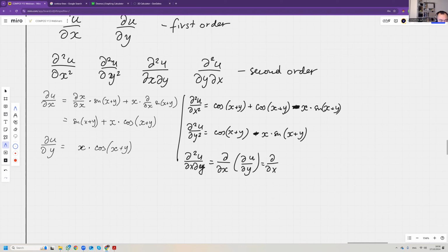Yes, I have. When I was differentiating du dy, x has to be constant. So here, this is 0 because it's x prime. It's the derivative of x. So minus.